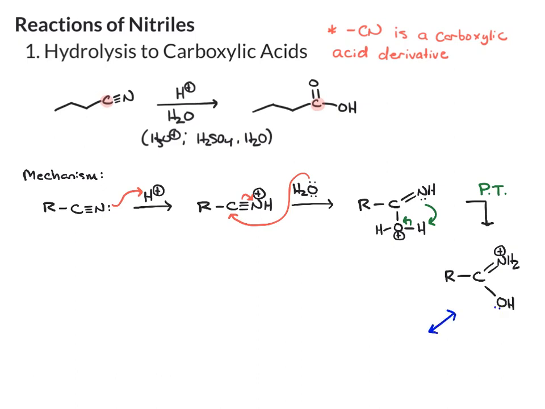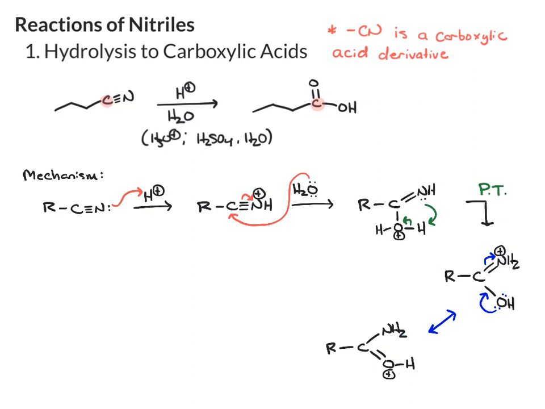From here, we can draw a second resonance structure. And in this resonance structure, we just have a lone pair next to the pi bond. So I'll push that lone pair down, push the pi bond to the nitrogen. We get this structure.